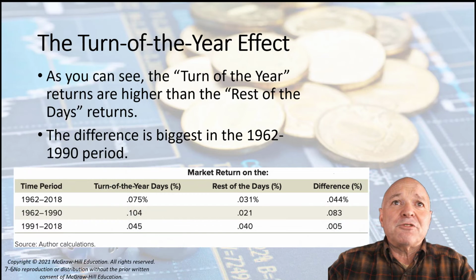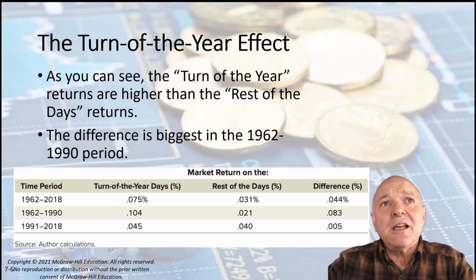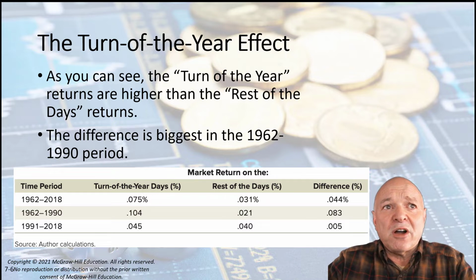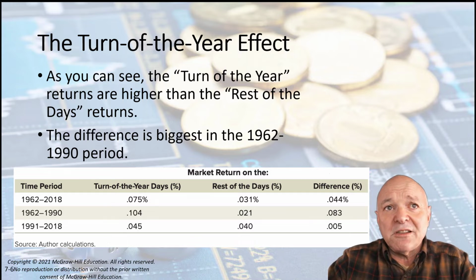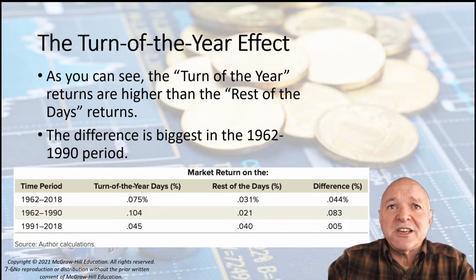And from our textbook, we can see the results show that the turn of the year results on average over the entire period from 1962 to 2018 showed a significant higher rate of return for turn of the year days than for the rest of the days. So a substantial difference.